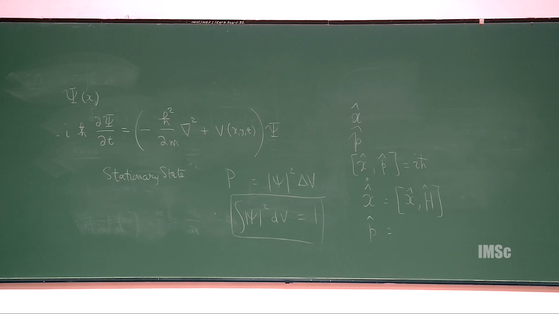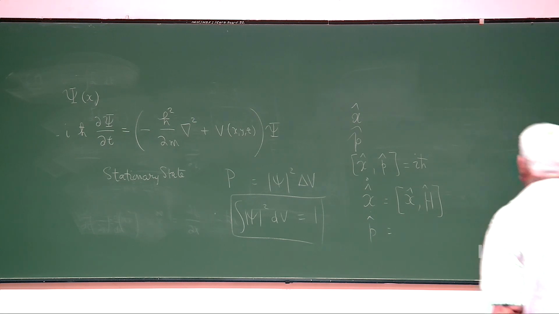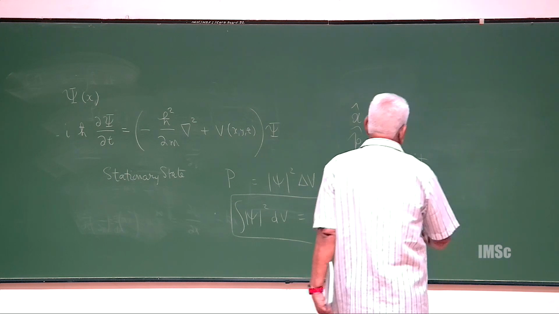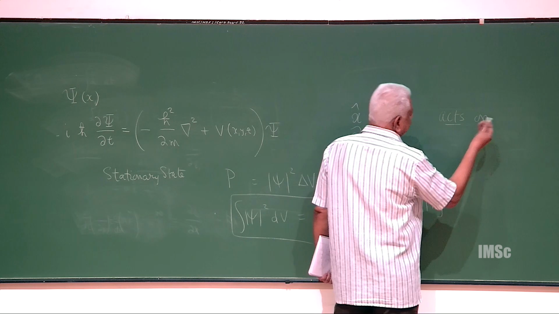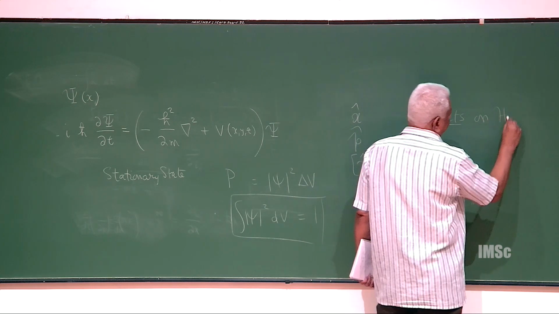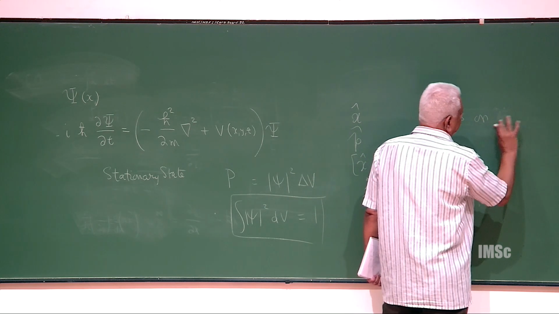Now the question is, these operators act on where? Operators should act on somewhere, right? So that action acts on, generally the name is Hilbert space, vectors on a Hilbert space.